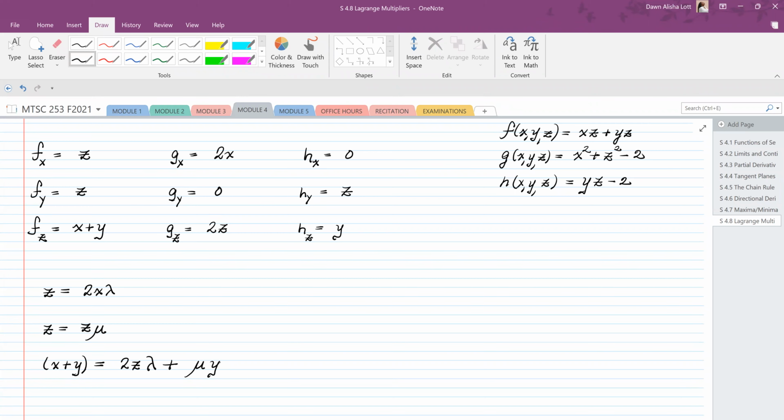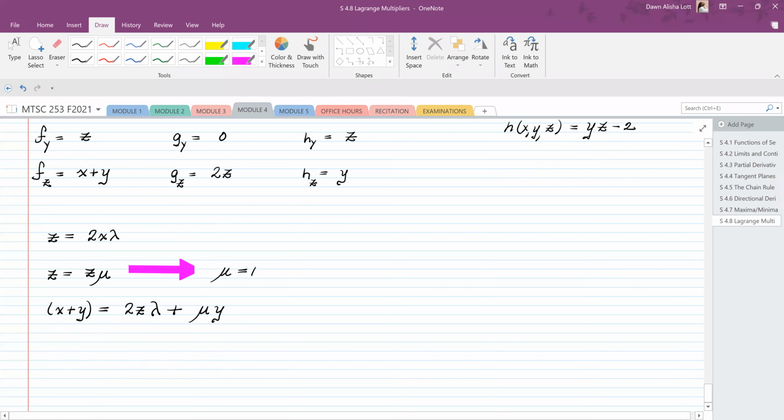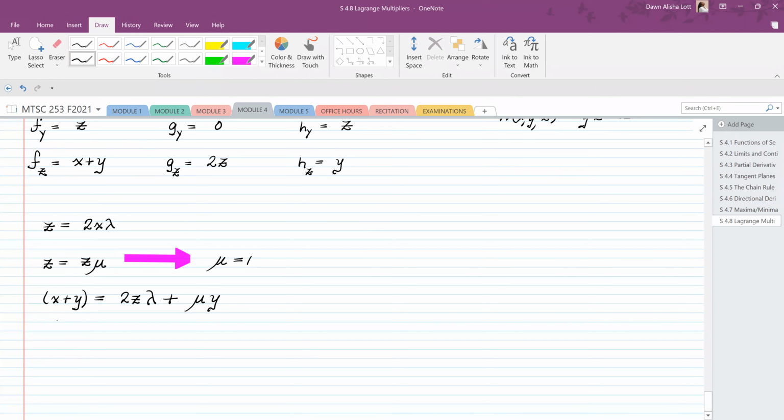Well, it's clear to see from the middle equation right away that mu has to be 1. So now that I know mu is 1, I get z is 2x times lambda.